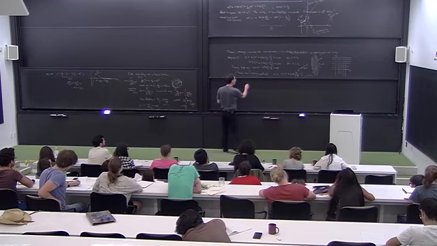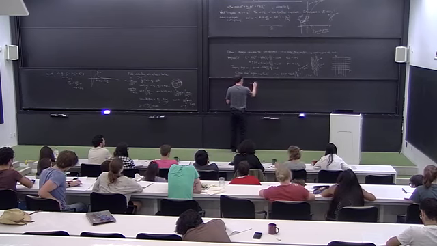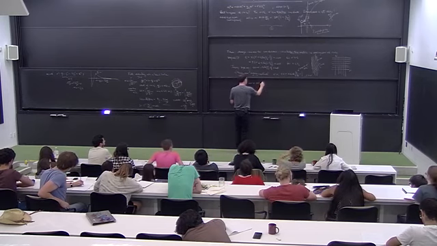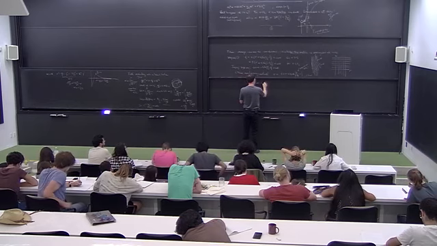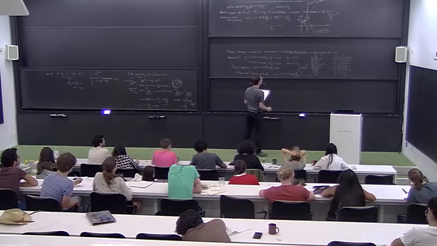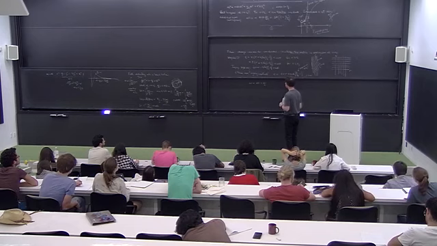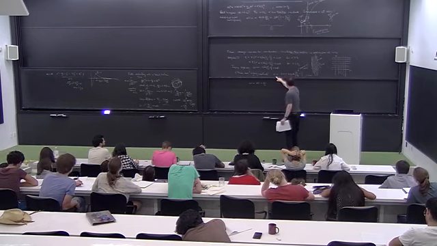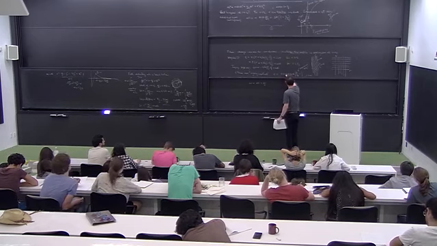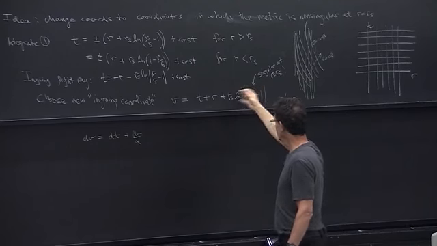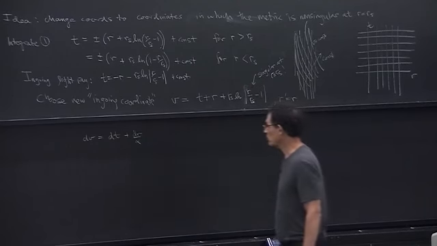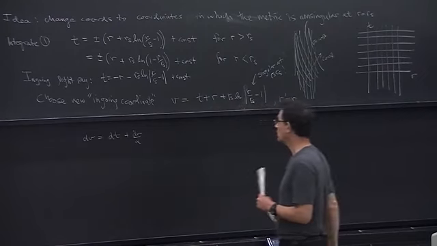And what we see is that dv is dt plus dr over alpha. Okay, so dv is dt plus dr times the derivative of this with respect to r, and it's exactly dr over alpha.